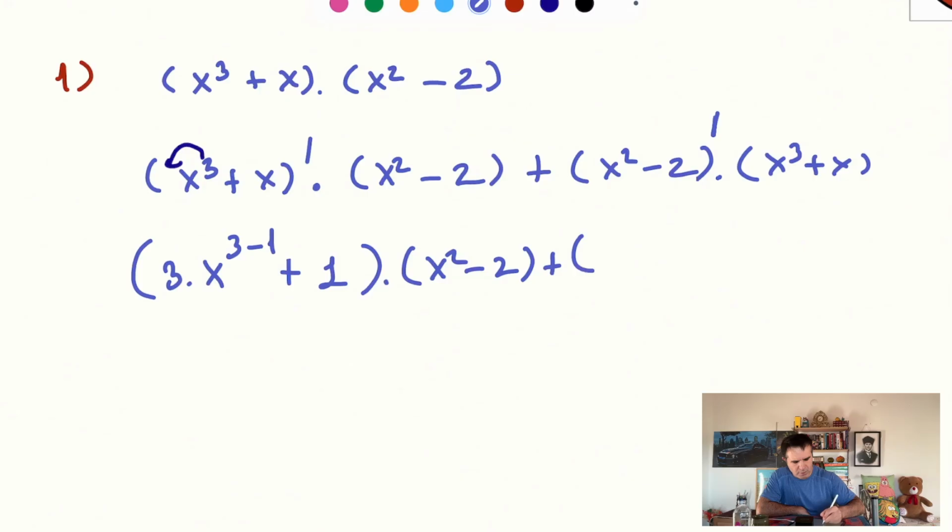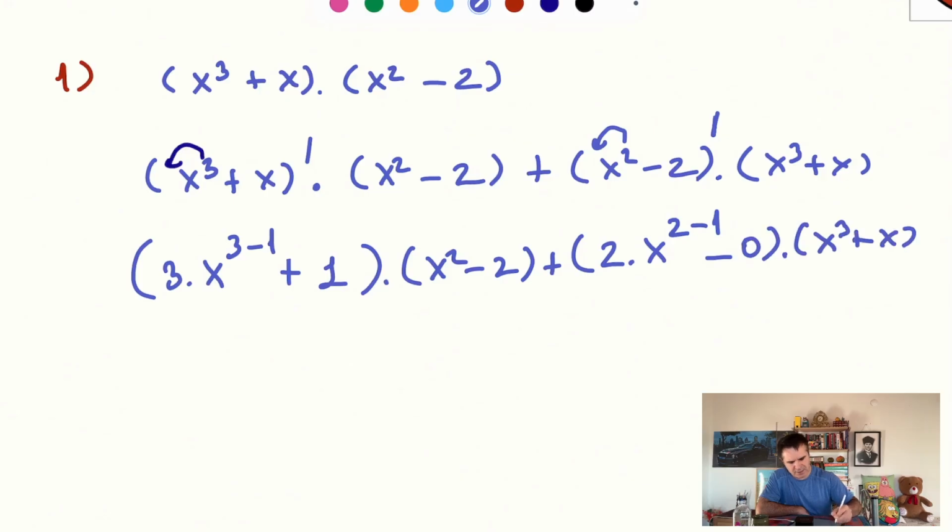The derivative of x squared: take the exponent as multiplication, 2 times x to the power of 2 minus 1, and minus the derivative of 2, which is 0 because 2 is a constant, 0, times x cubed plus x.